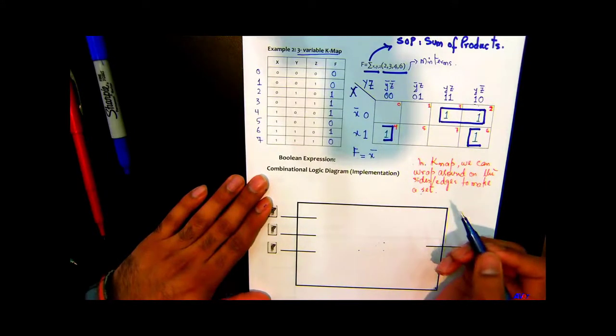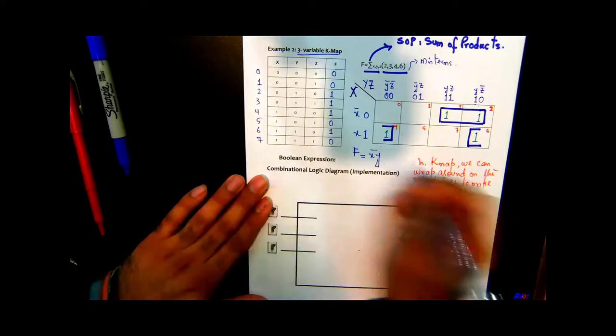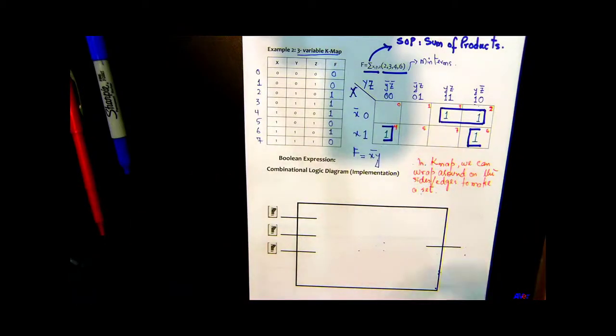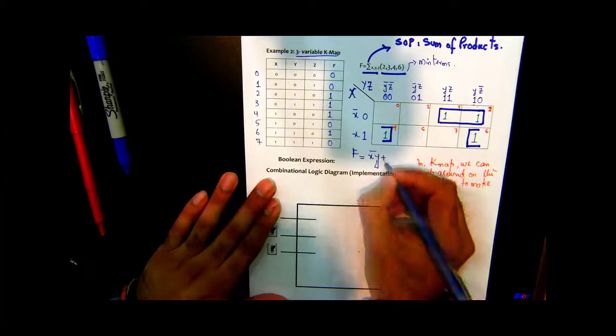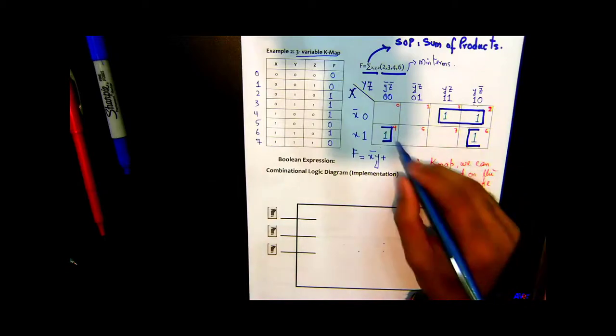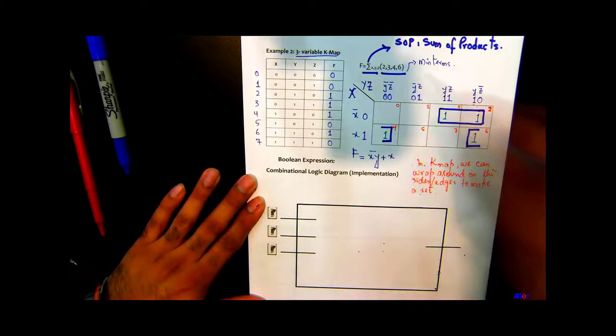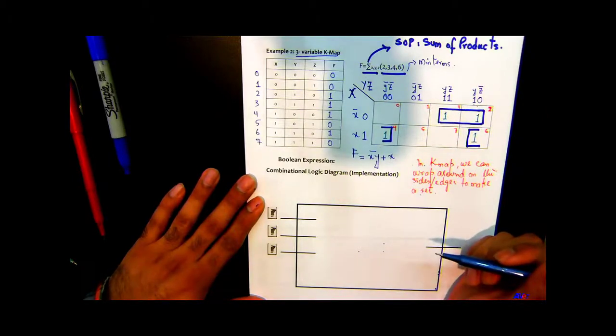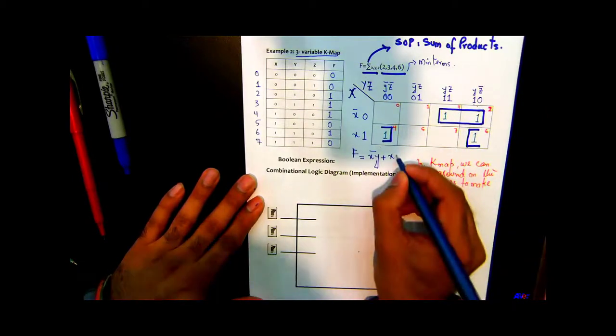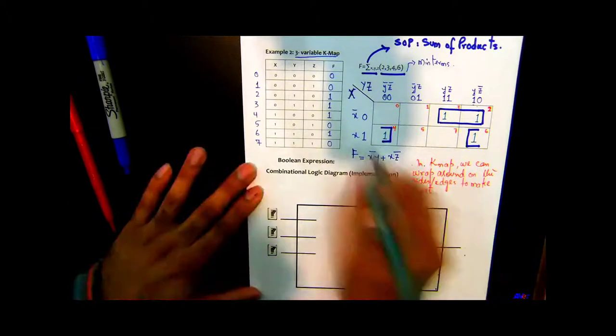Y, correct. And we know what we do with the minterms, we add them, right? Plus. The next set is right here, 4 and 6. What is the common here? X. And what is the common on the x-axis? Z bar. Okay, and that is our final expression.